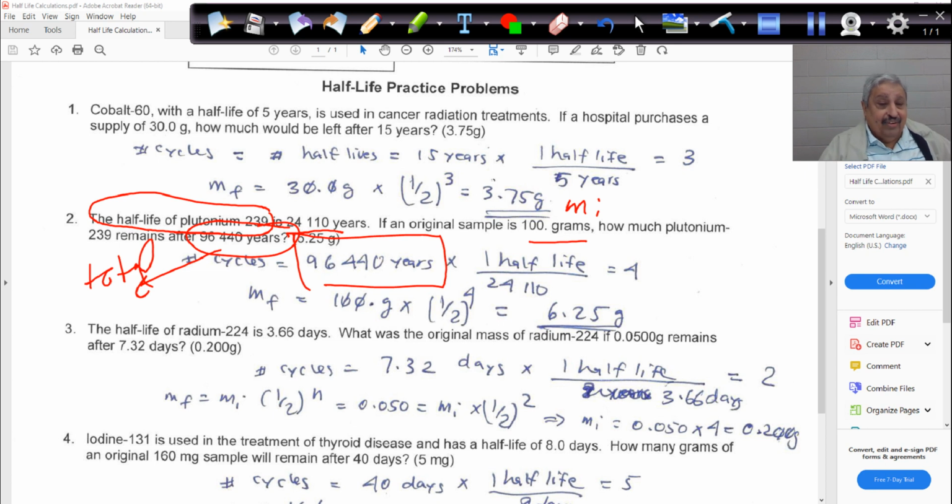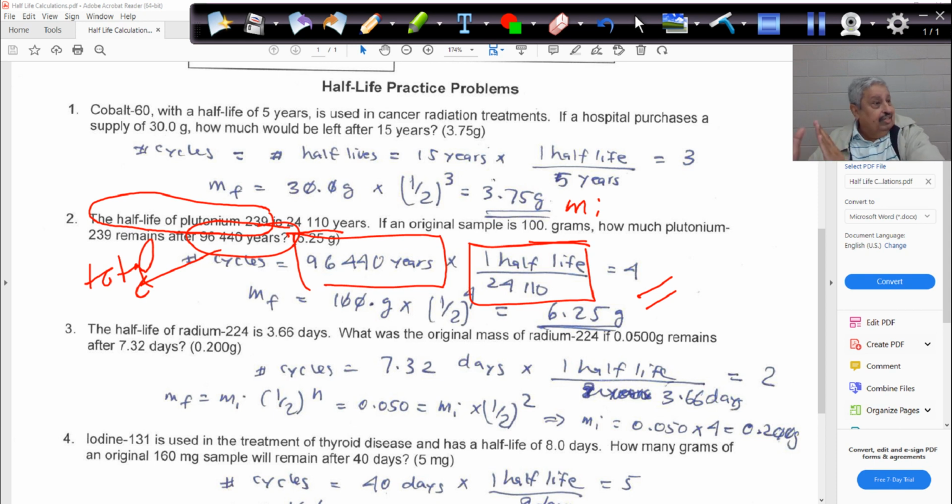And then the half-life, how much? 24,110. So you get 4. That's your N, the number of cycles. So you have 4 cycles: 1, 2, 3, 4. In the first one, we had 3 cycles: 1, 2, 3. This is 4 cycles.